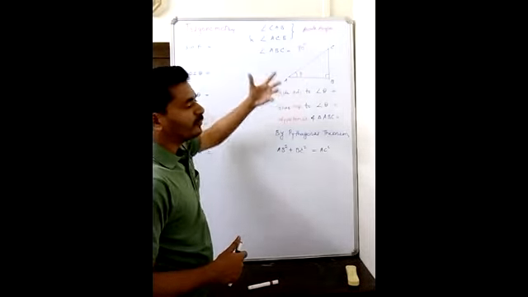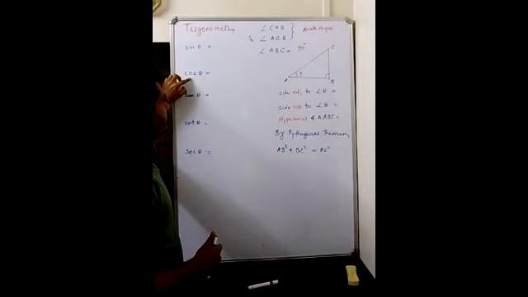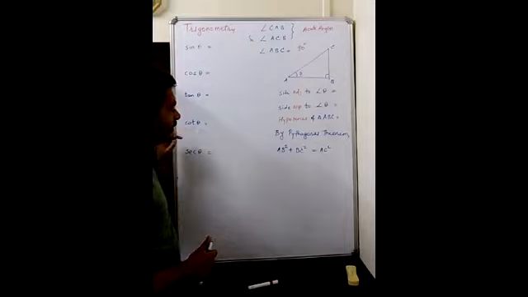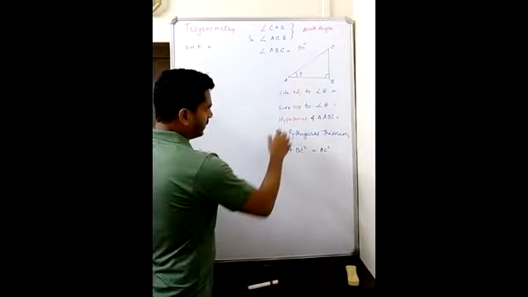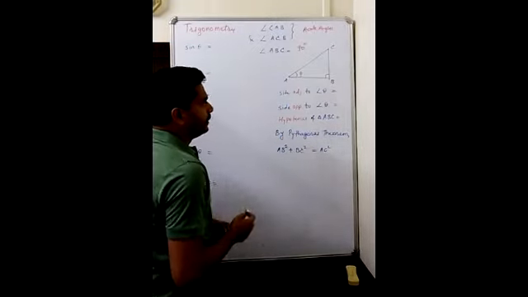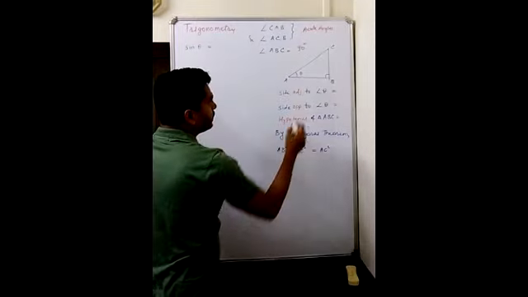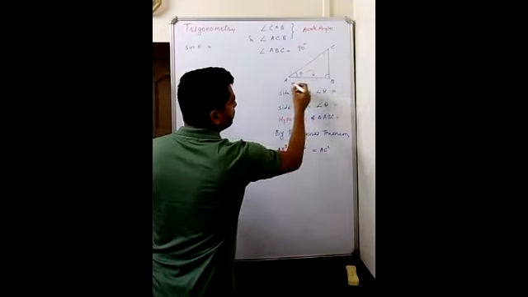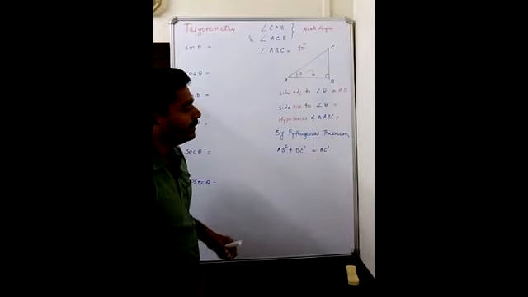And we want to find out the trigonometric relations, that is sine of theta, cos of theta, tan of theta, and cot, sec and cosec of theta. So let's understand the side adjacent to this angle theta. So this is our angle theta, and the side adjacent to this theta is nothing but AB.